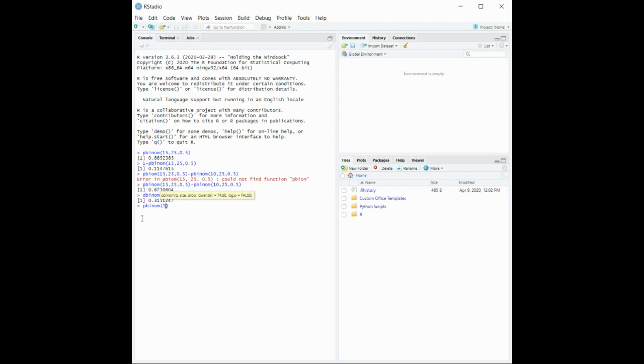So 1, and the sample size is 25, and the probability of losing money in an investment is 0.1. Okay, so that one should give you 0.27. That's the probability. The next one is number 10.